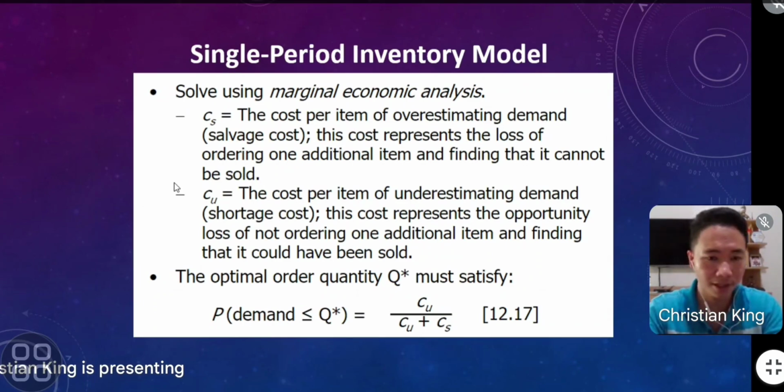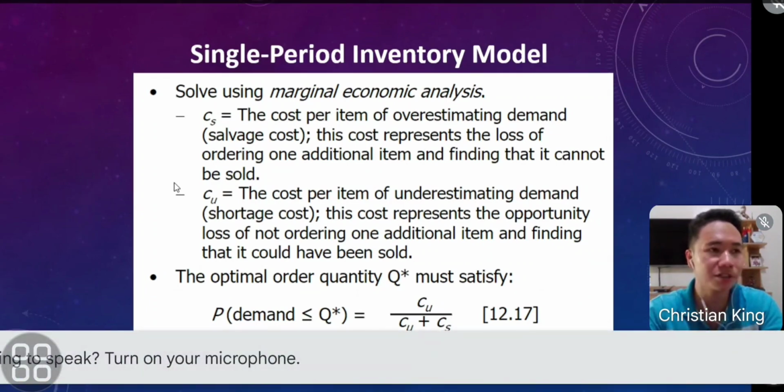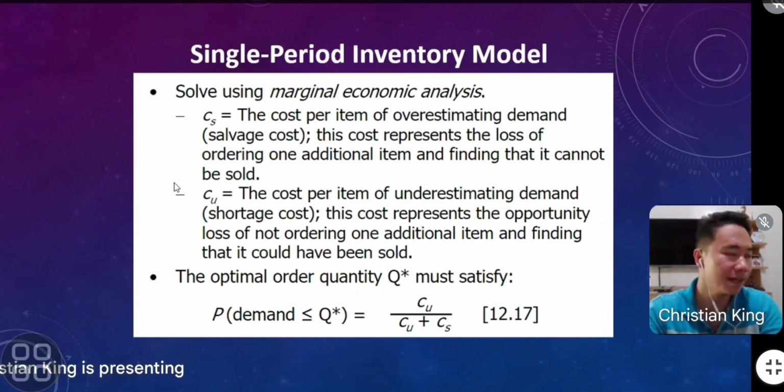And second is C over U, the cost per item of underestimating demand, which is the shortage cost, because such cost appears when the supply you prepared does not match the uncertain demand, and you find that one additional item could have been sold.